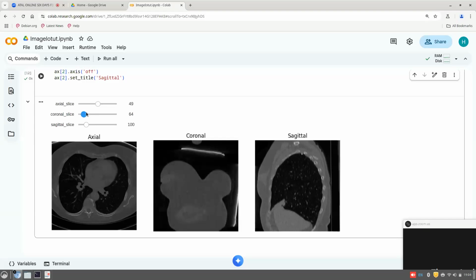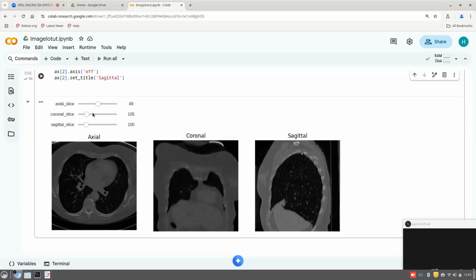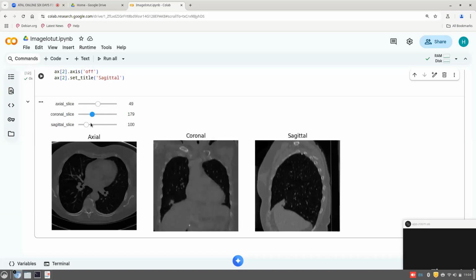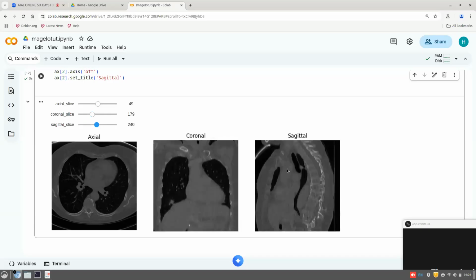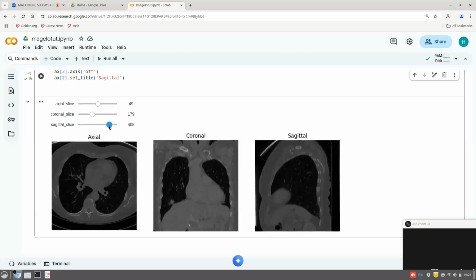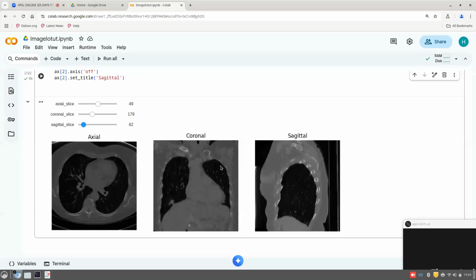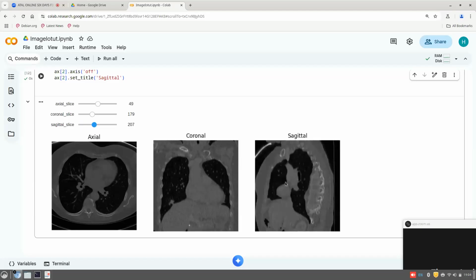So these are different slices, and each slice is of different shape. You can visualize along the coronal plane. Along the sagittal plane, I can move to a different slice, and you will see a totally different picture. If you go to the 62nd slice, you will see a different picture. If you go to the 207th slice, you will see a different picture.